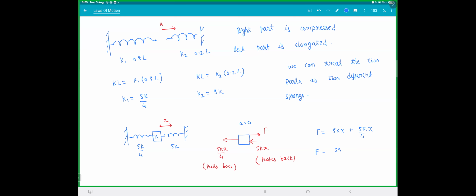This will be 25kx by 4. Therefore, the elongation will be 4F by 25k. Is the logic clear, everyone?